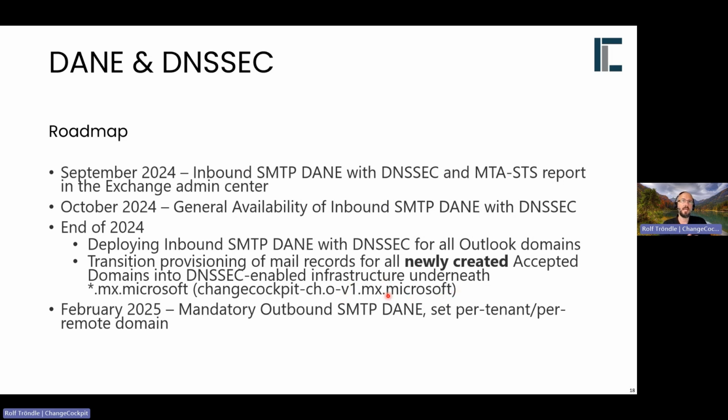So if you want to enable inbound DANE after you added a new domain to Exchange Online or to Microsoft 365, then you don't need the enable DNSSEC part of the steps we've just seen. You only need to enable SMTP DANE inbound.